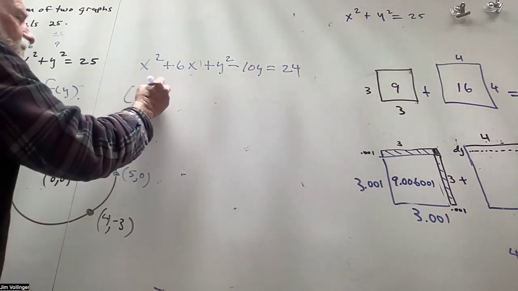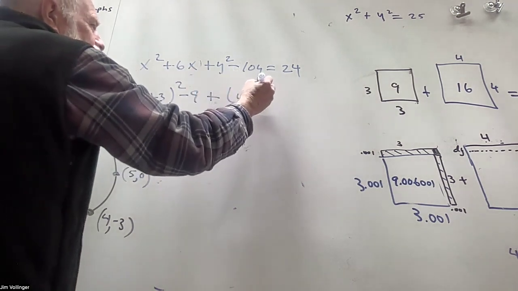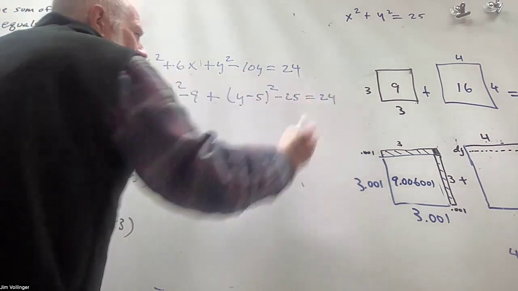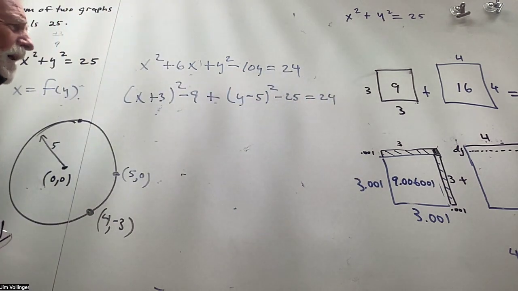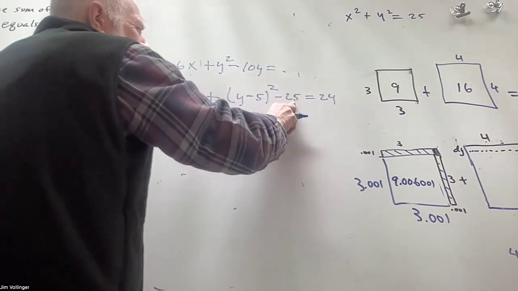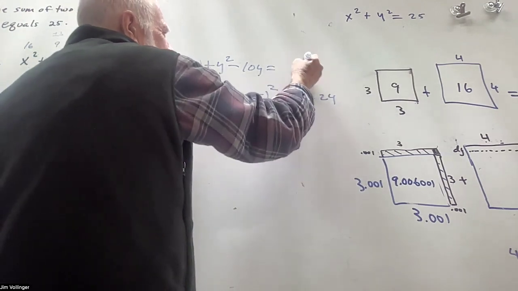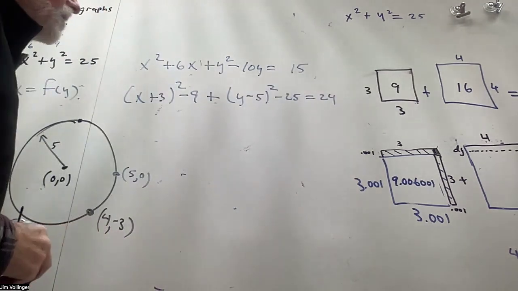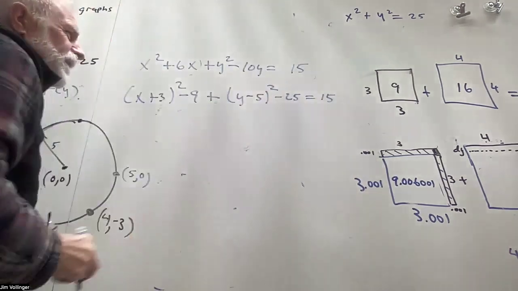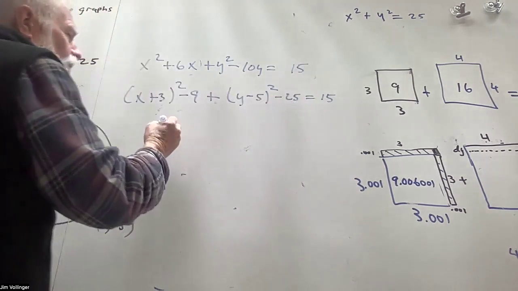So the mechanics of this is what we're currently practicing in class. (y minus 5) squared minus 25 equals 24. And let's see if I've got the number that I wanted. No, I didn't get what I wanted. So 9 and 25, 34. Yeah, I guess I did 125, huh? No, I wanted 15. I've done that a couple of times now. So if these were the numbers that I had originally placed on the board, then I'd have 34 and 15, which is 49.